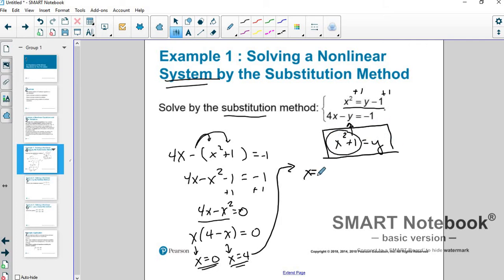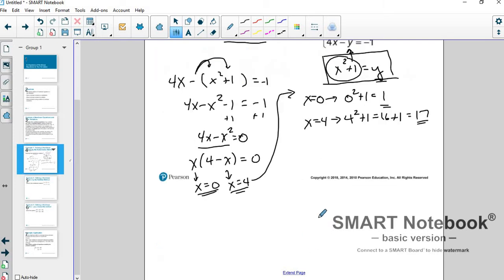When x equals 0, we get 0 squared plus 1 equals 1. That's my y. When x equals 4, we get 4 squared plus 1, which is 16 plus 1, which is 17. And that's my y.